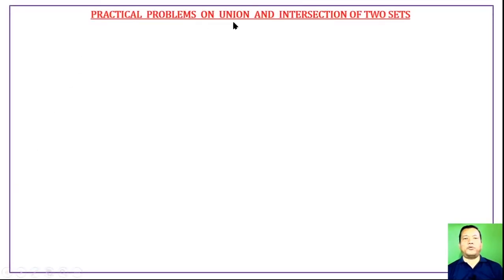Practical Problems on Union and Intersection of two sets. 1.